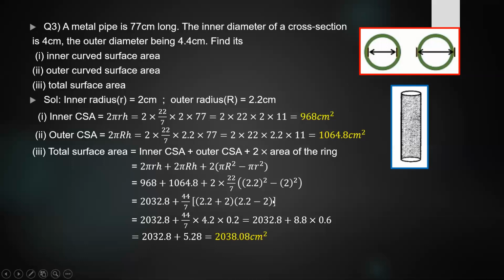So when you substitute the values over here, I'm applying a plus b into a minus b, which is giving you 4.2 into 0.2. And when you multiply and add the steps, you get the total surface area as 2038.08 centimeter square.